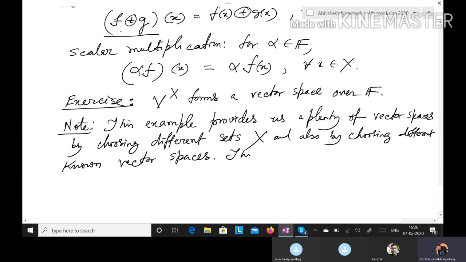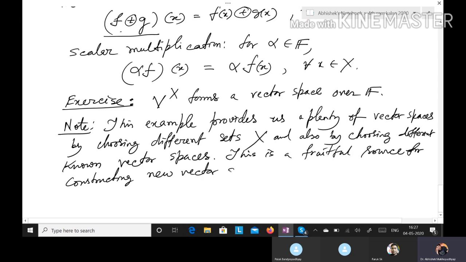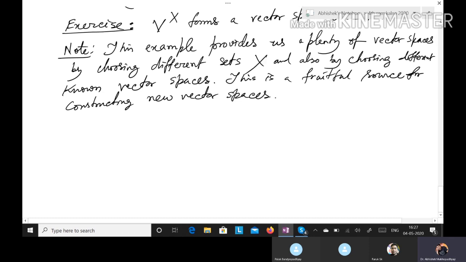So this is a fruitful source for constructing new vector spaces. So this is very important.